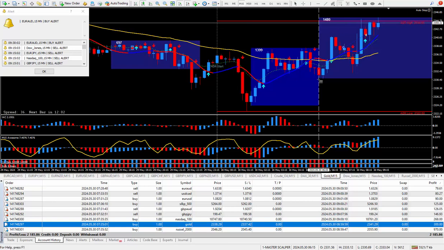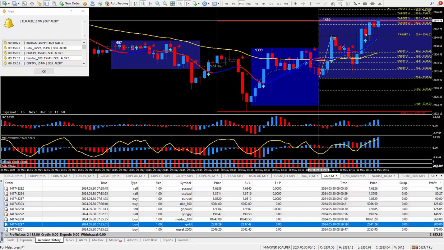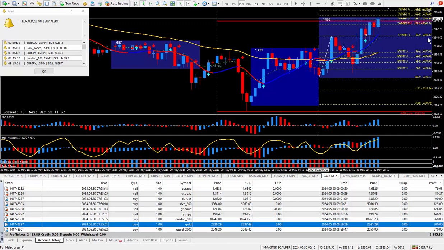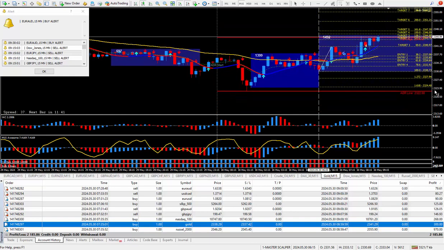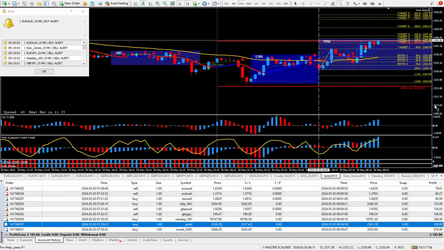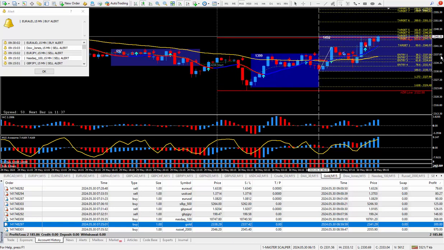It's the swing low to swing high. Came back, hit the entry points, and usually it'll make it at least to target 2, 3, 4, or 5, which is way at the top here. And as you can clearly see, it's still going. It can easily go up and up more.